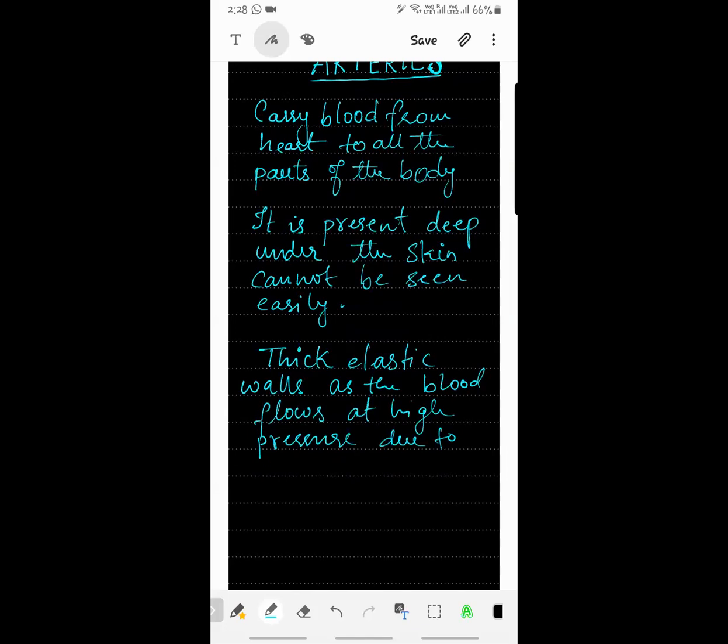So this pressure is created by the heart due to the pumping action from the heart through arteries.